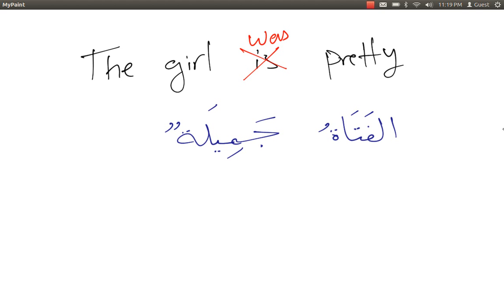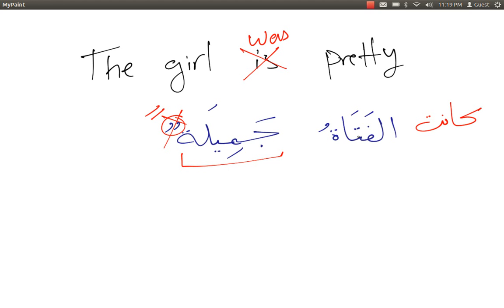In Arabic, you would put a form of kana. It's either kana or kanat in this case, and it would be kanat. كانت الفتاة جميلة, and we transform the piece of news ending from ضمة to فتحة. Okay, so it would be جميلة. كانت الفتاة جميلة.